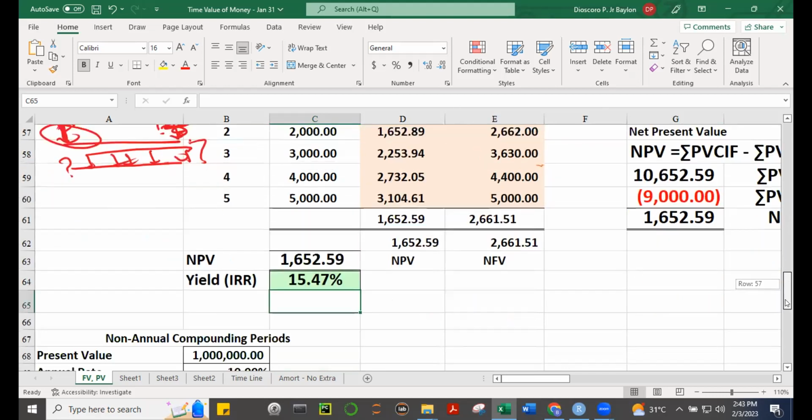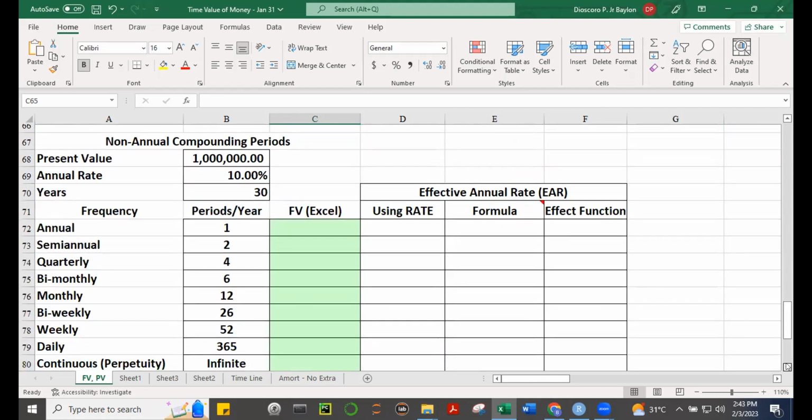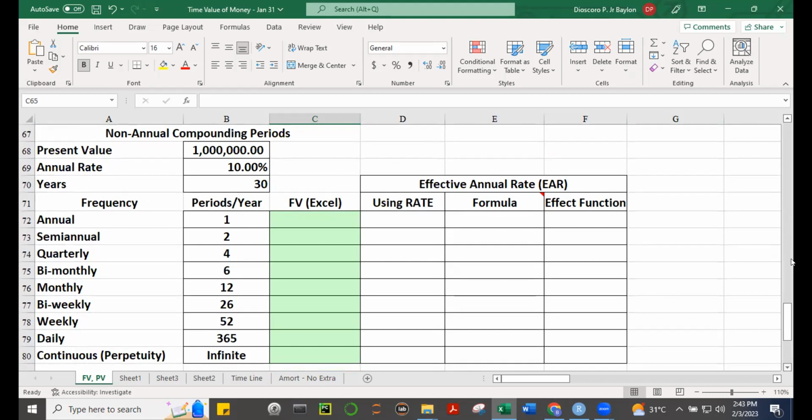Okay. All right. So now we're going to the next lesson, which is non-annual compounding periods. You oftentimes meet a scenario where you have an investment and you're given the interest rate, and then you're told that the compounding is done not annually, but let's say semi-annually or monthly.